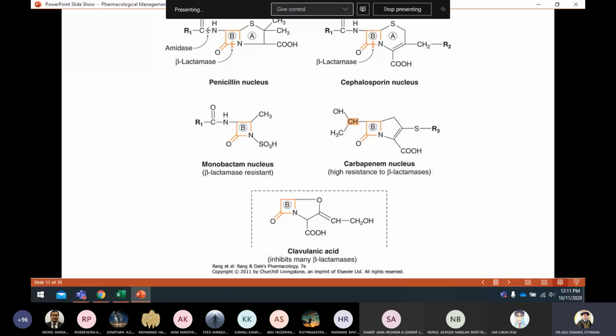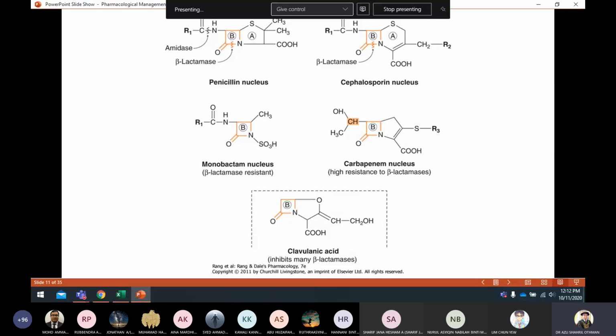If there is something that you really need to describe in detail, in terms of mechanism of bacterial resistance, it always has something to do with the beta-lactamase. So you have to describe your beta-lactam drugs, your beta-lactam antimicrobials.